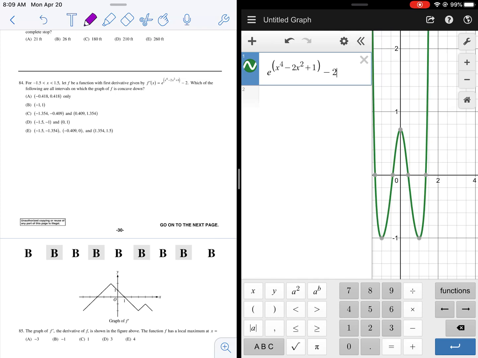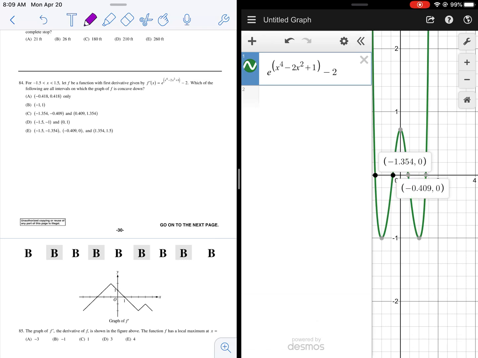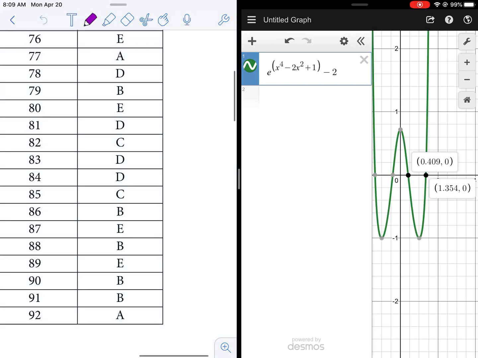So we want where f prime is below the x-axis, which looks like it's negative 1.354 to negative 0.409. And then it looks like 0.409 to 1.354. So C for 84.